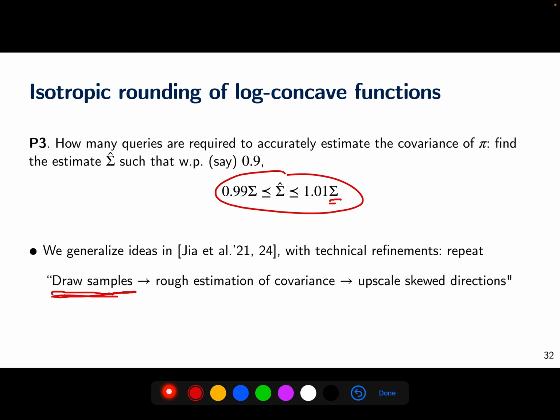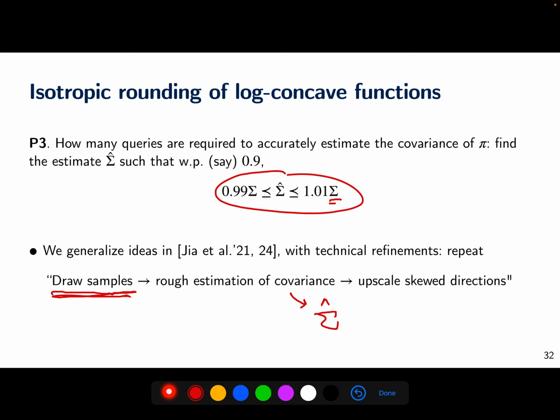Roughly speaking, we just repeat this simple idea. We draw a few samples, not many samples, and based on this small number of samples, you have a rough estimation which could be roughly right in some directions but very wrong for some other directions. Based on this rough estimated covariance, by running some SVD, you can detect some skewed directions.